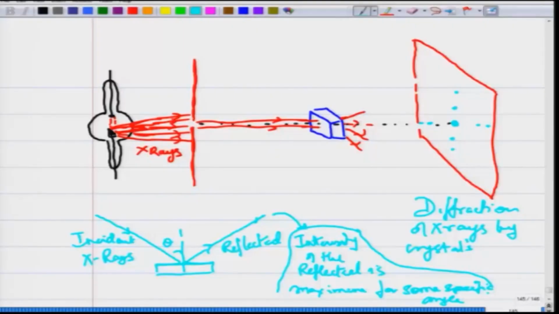This interesting observation was explained by Bragg in 1913, which led to understanding the crystalline structure of the solid, and Bragg's law is a very important and useful law for understanding the nature of the crystal structure.